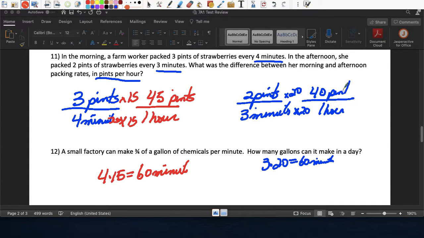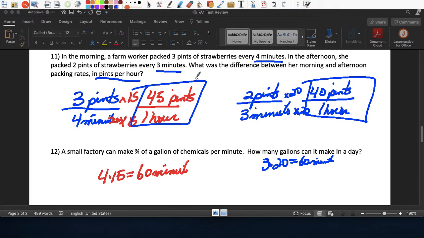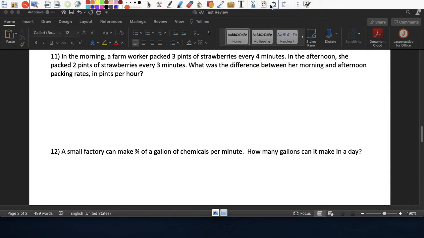So in the afternoon, maybe because it's hotter, she's tired, she does 40 pints in 1 hour. In the morning it was 45 pints. So what's the difference? Well, 45 minus 40, the difference is 5 pints. So there's a difference of 5 pints in her morning and afternoon picking rate.